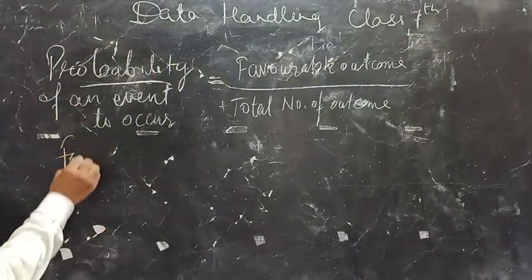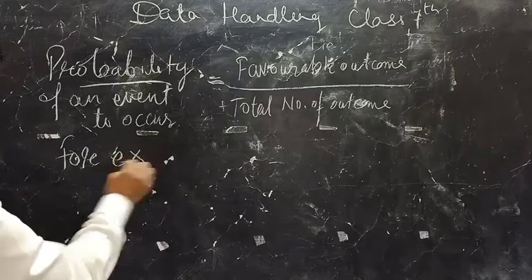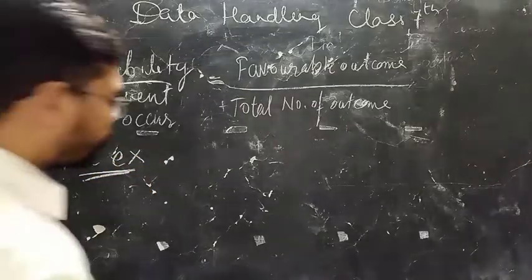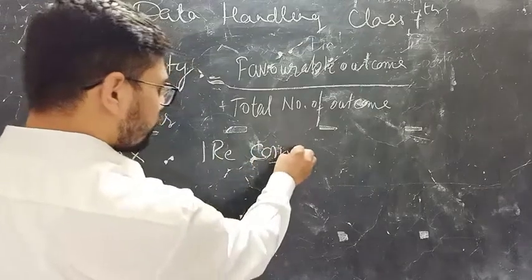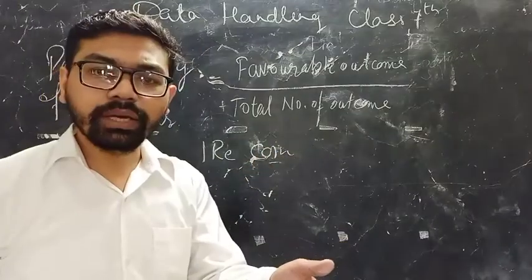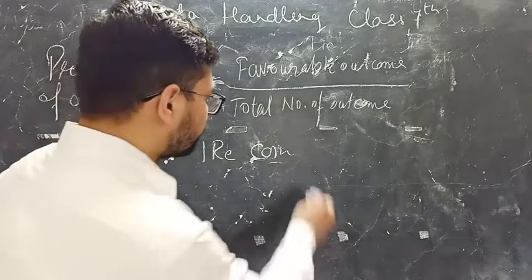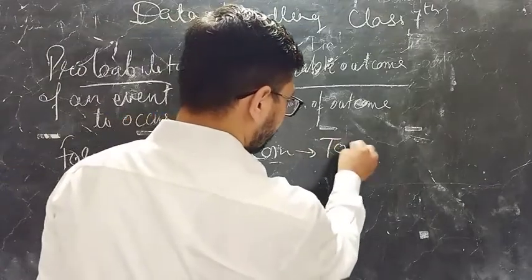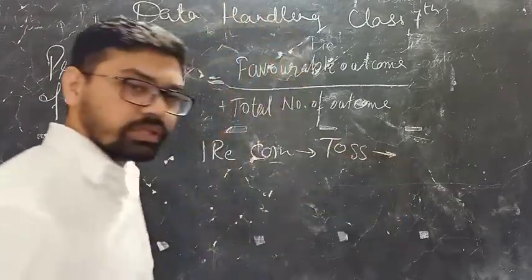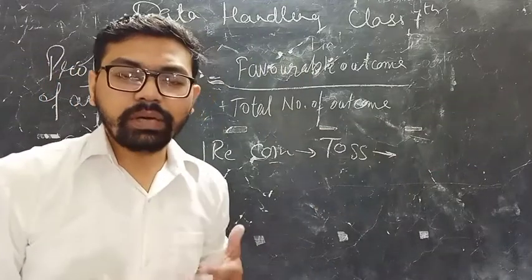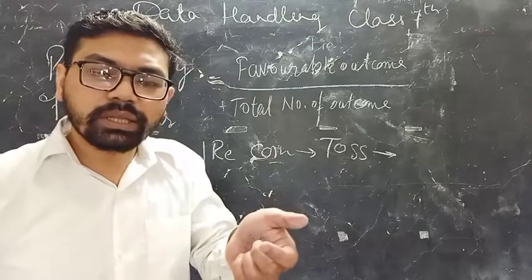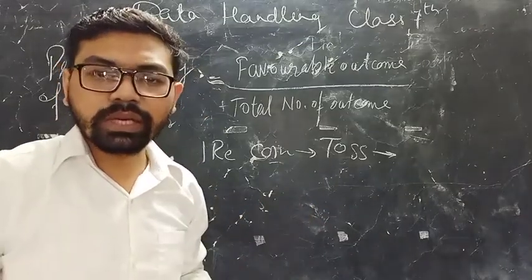For example, I have a 1 rupee coin. When I toss this coin, what are the probable outcomes I can have? If you toss a coin, what are the probable outcomes that you will get?